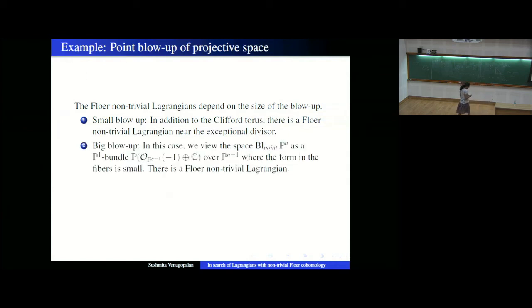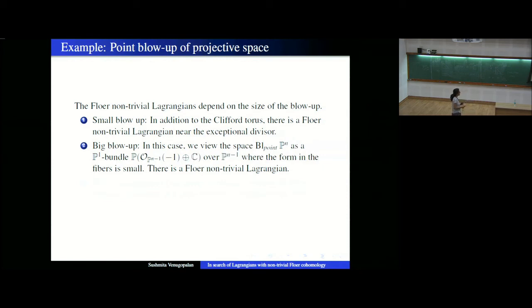But if you do a big blow-up, which means big epsilon, then the picture becomes something like this. There it is more helpful to think of this as a P1 bundle over P1, which is the Hirzebruch surface. But in the general case, if you were on Pn, that's what I wrote here, it's a P1 bundle over Pn minus 1.